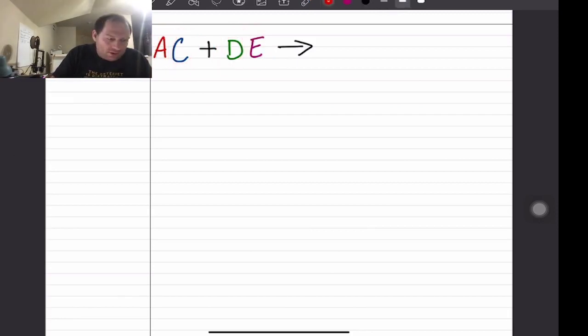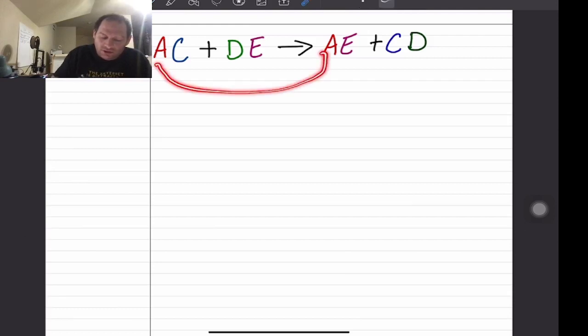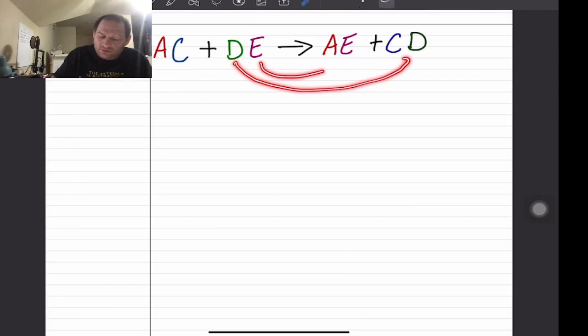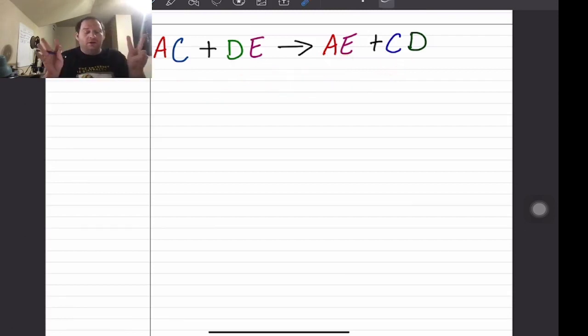So I have now A and E together, and C and D are now together. They just switched. So A's here, and C goes over here. They're basically just switching around. That's all.